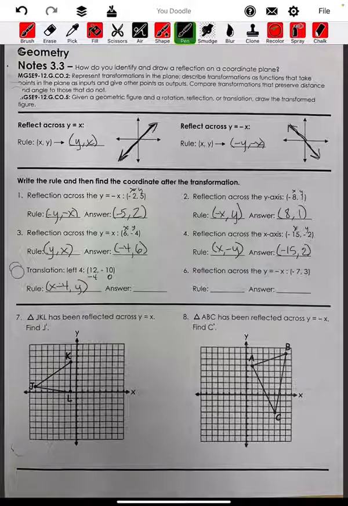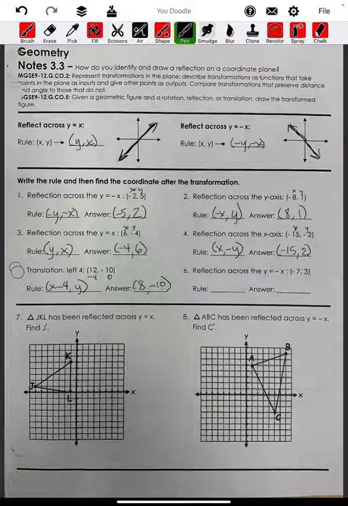Okay, you have to include the y, guys, because even though we're not changing it, the rule still states that we're going to change the x part. But again, we still have to talk about what we're going to do with our y. So here, positive 12 minus 4 is 8, and then -10 plus 0 is -10.